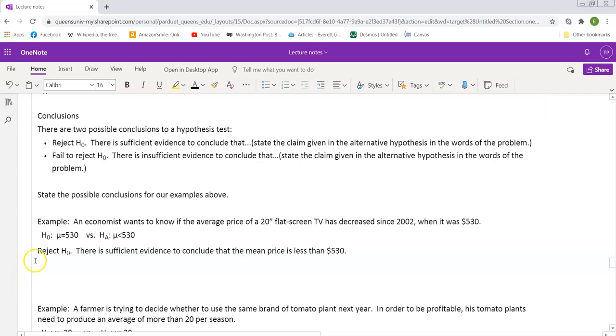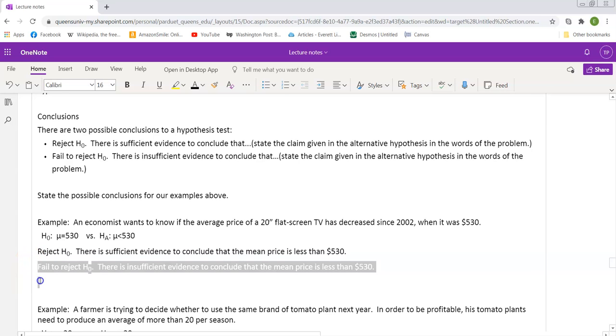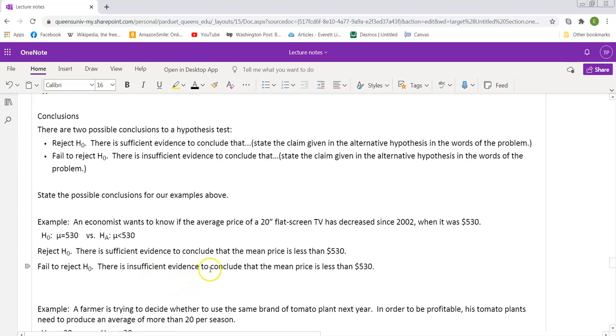Now, if we fail to reject H0, then that just tells us that there's not sufficient evidence to conclude that the mean in the population is less than 530. All right? So these are the only two possible conclusions, but they have to be written pretty much exactly like this. Okay?